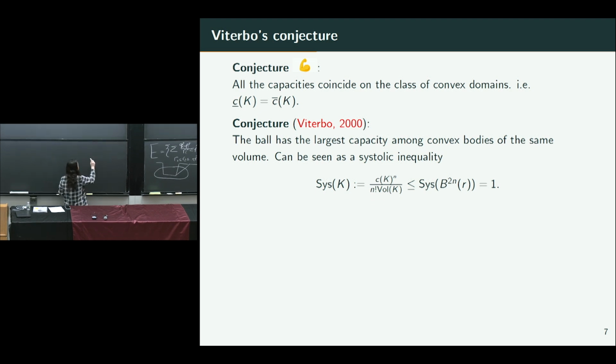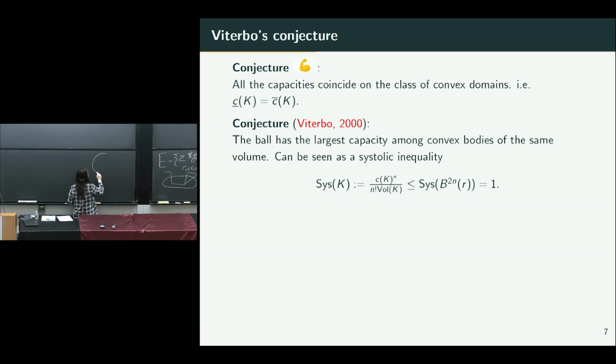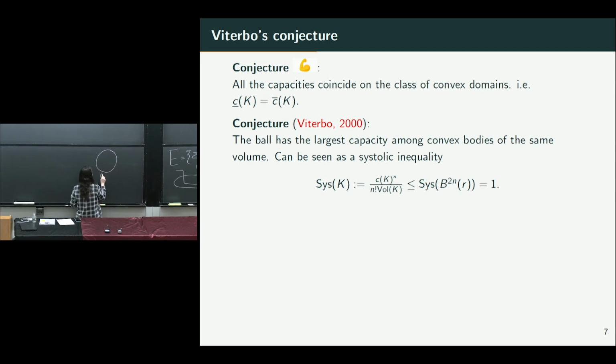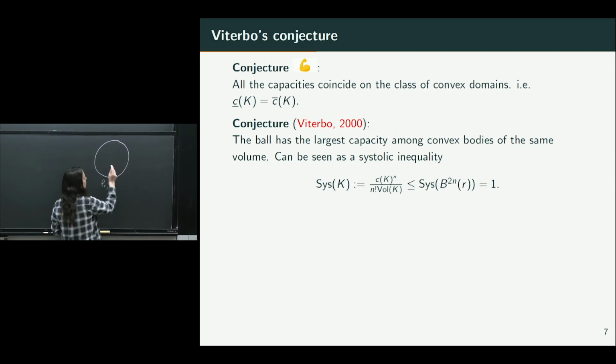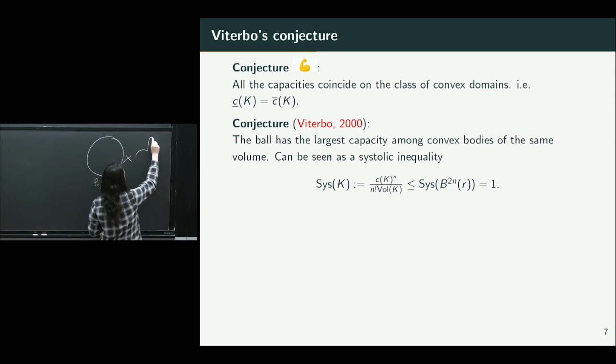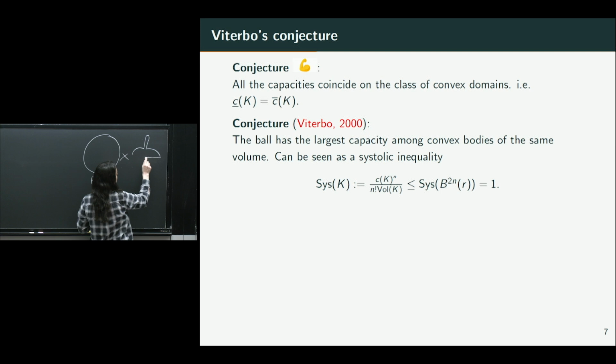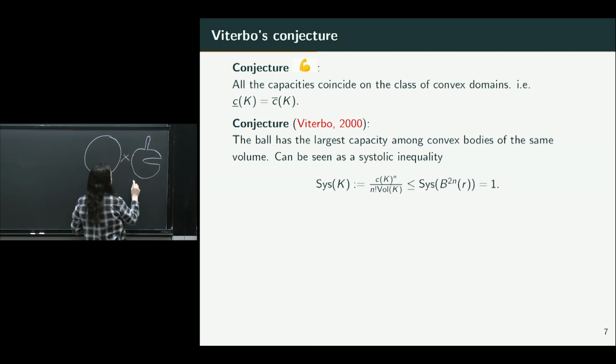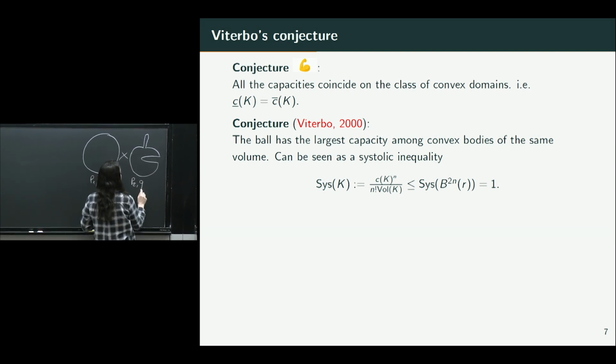So consider these two domains. One would be the product, say in P1, Q1, of a disk and maybe a distorted disk, say in P2, Q2.